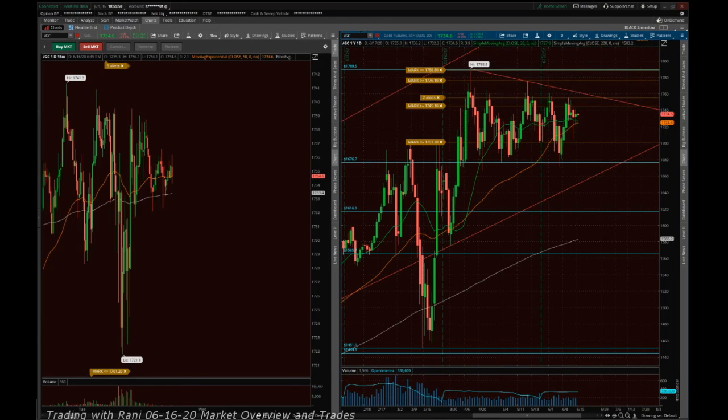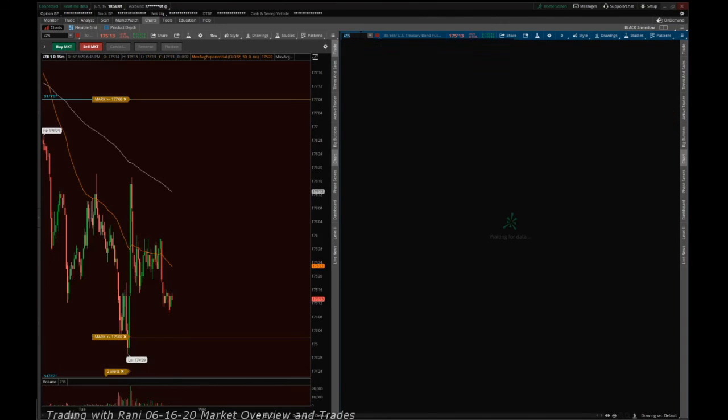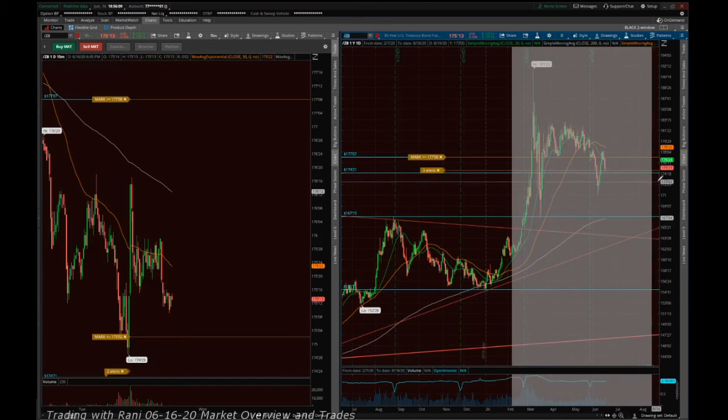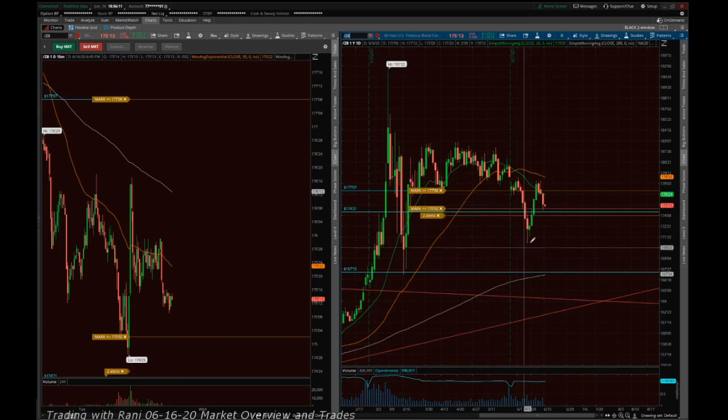And then secondly is bonds, which is the 30-year, not the 10-year like I said in my last video. That's ZN if you want to look at the 10-year. But this is bonds, and you can see it's showing a lot more weakness the past few days. It's going to have to get back up above this area right here, which these few days has acted as a level of resistance, 178.18 on the ZB, in order for it to really be another leg up.